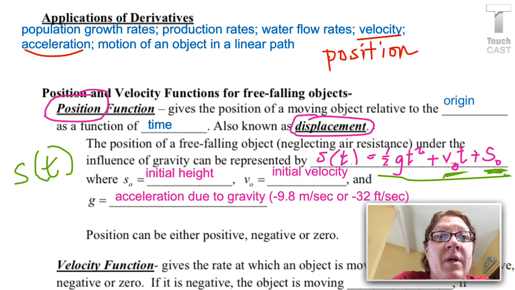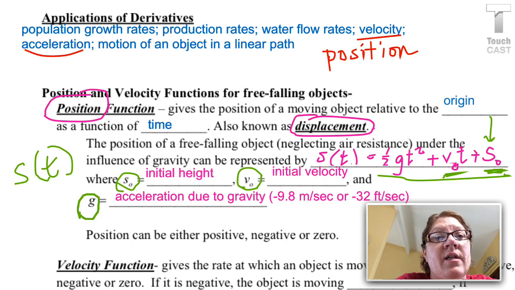In other words, I might be dropping something from the top of the Eiffel Tower, so the initial position might not always be 0. Here s sub 0 is the initial height, v sub 0 is the initial velocity, and g is acceleration due to gravity, which depends on whether I'm measuring using the metric system or English units. I would anticipate you've probably seen that formula in some science class before.